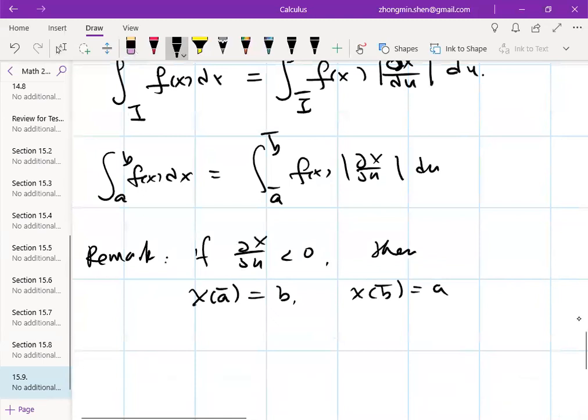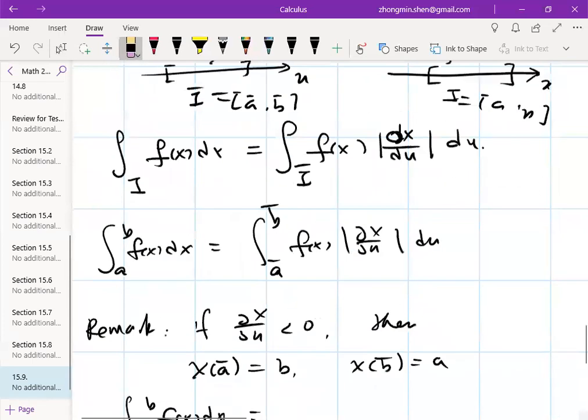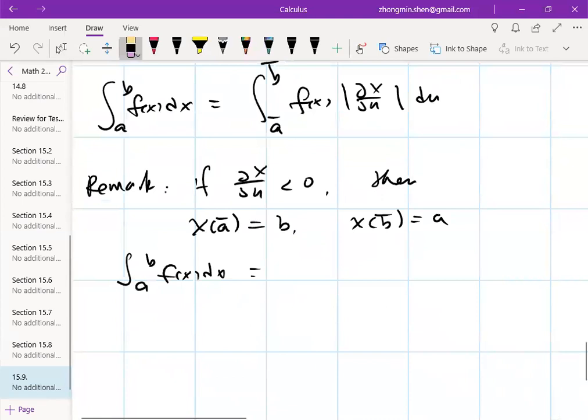In that case, the formula is usually expressed in the following way: because A bar is sent to B, this can be A bar, that's B bar, and then here is the derivative.